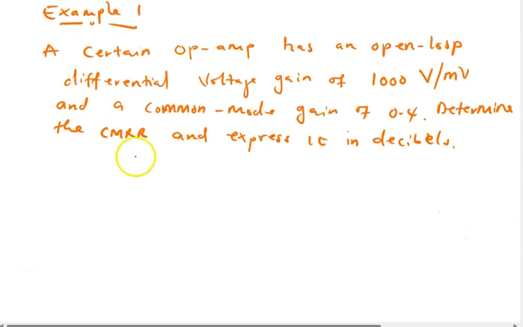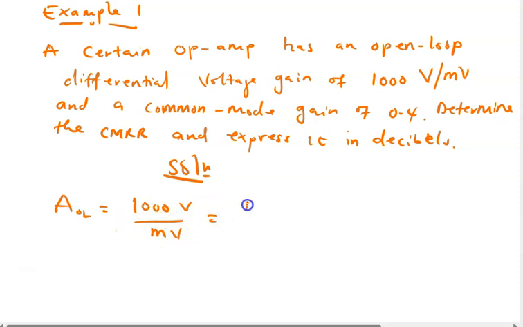With this kind of question, it's very simple and straightforward, right? We know that AOL is equal to 1000 volts per millivolt. In that case, it's the same as 1000 volts divided by 10 exponent minus 3 volts.